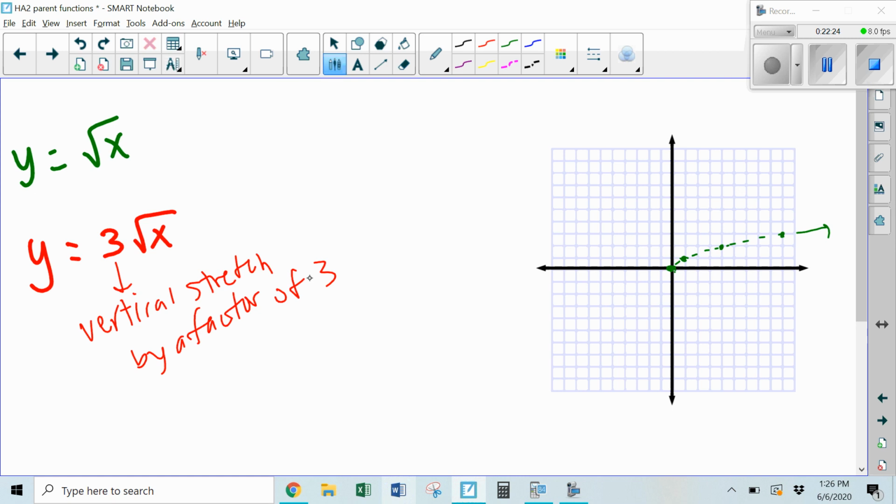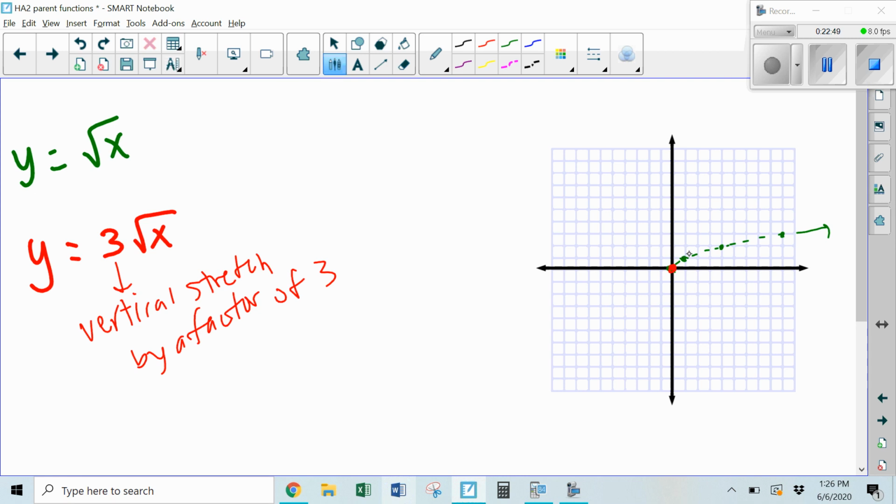You can see this graph is not getting very high or rising very quickly. This 3 will make it rise 3 times faster. So these are usually the hardest for students, so let's practice. The point that is right here, 0, 0. What is its height? Its height is 0. Multiply 0 by 3, what do you get? 0. That point didn't change.